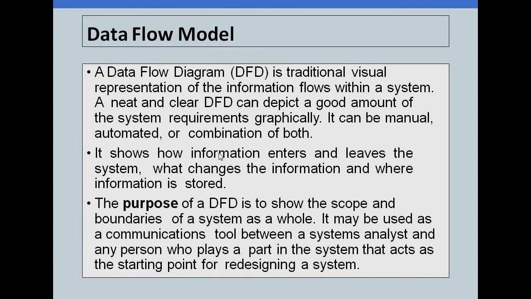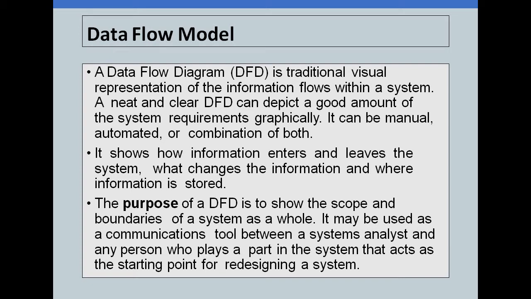Next, a data flow diagram is a traditional visual representation of the information flows within a system. A neat and clean DFD can represent a good amount of the system requirement graphically, and can be manual or automated, or a combination of both.